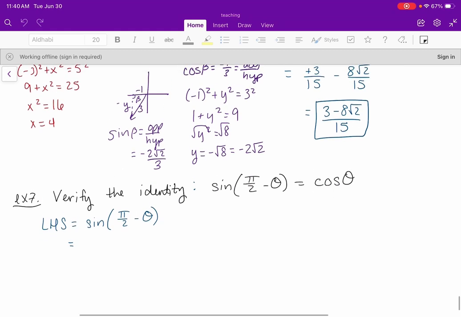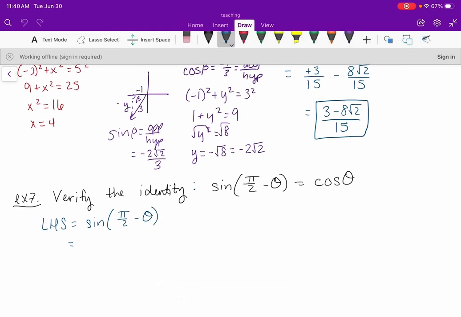So I have sine pi over 2 times cosine theta minus cosine pi over 2 sine theta.